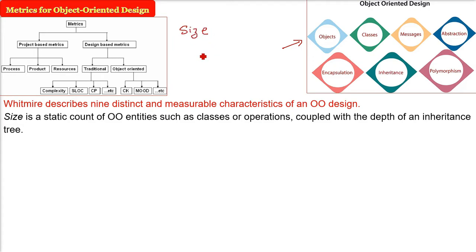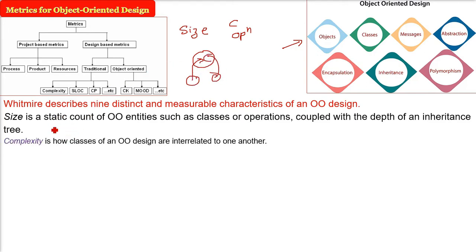Size is a static count of object-oriented entities like the classes or the operations, combined with the depth of the inheritance tree. So there are certain distinct characteristics, and those can be the idea of metrics for object-oriented design that Whitmire has suggested.